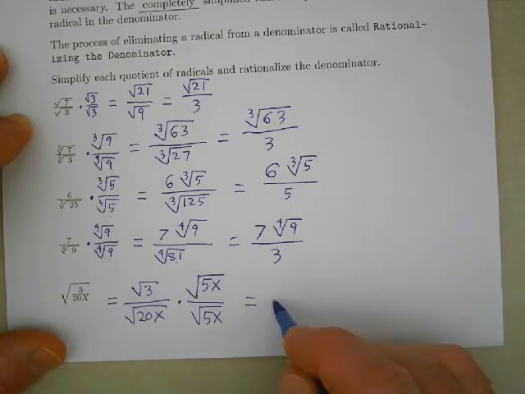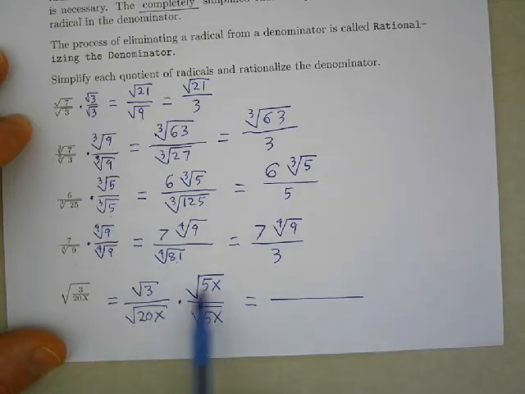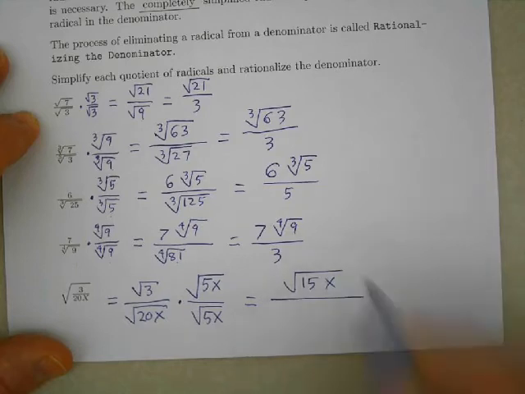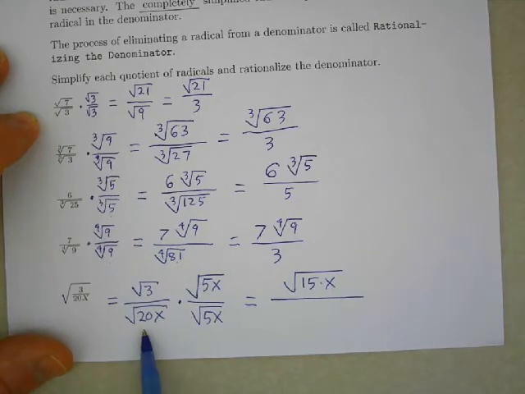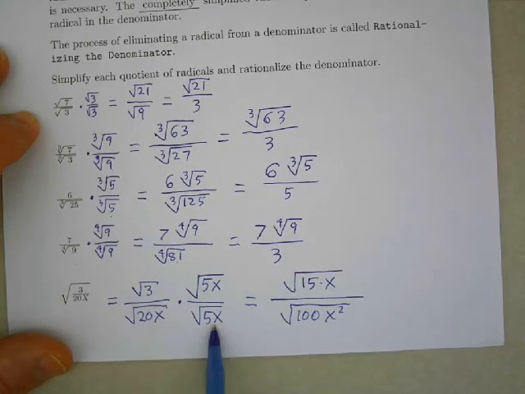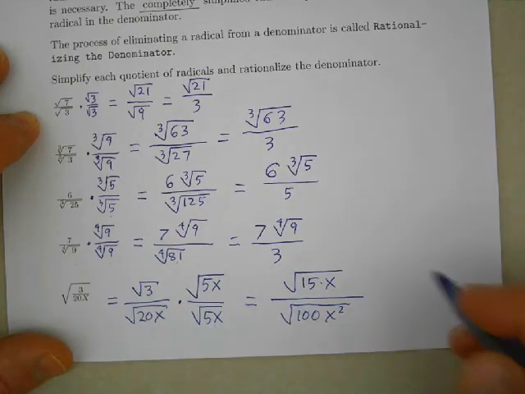And then we'll multiply the two radicals in the numerator. The square root of 3 times the square root of 5x is the square root of 15x, because 3 times 5x is 15x. And then in the denominator, the square root of 20x times the square root of 5x is the square root of 100x to the second, because 20x times 5x is 100x to the second.